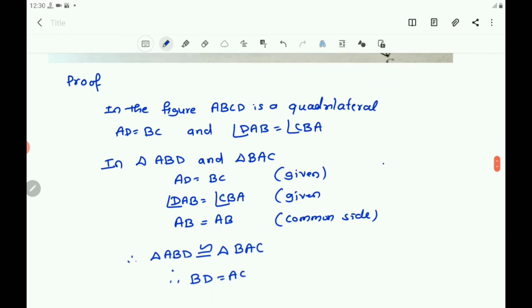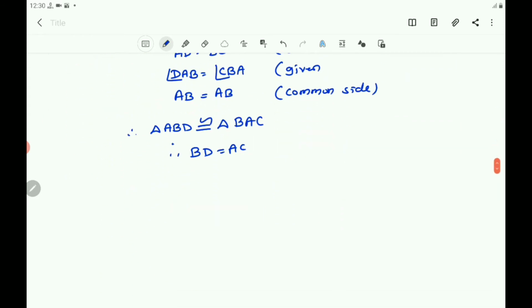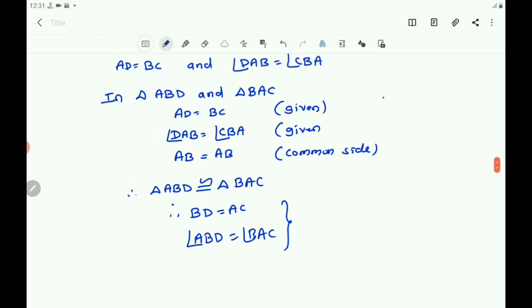So the reason here, you write the SAS congruence rule.